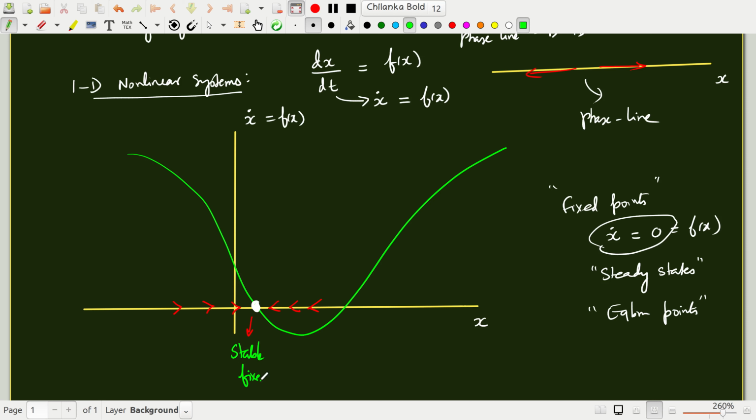Why is it a stable fixed point? Because even small deviations will bring the initial condition back to the same fixed point, whereas this fixed point is an unstable fixed point.